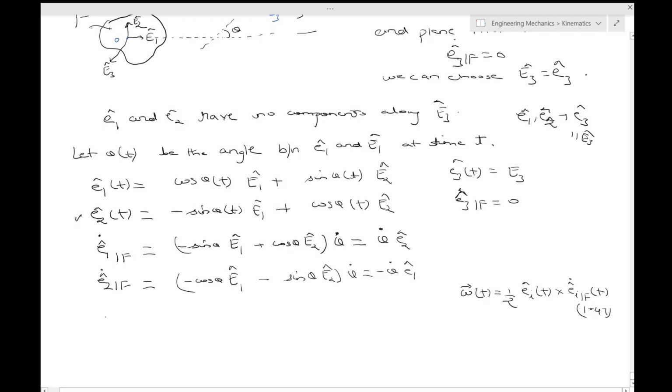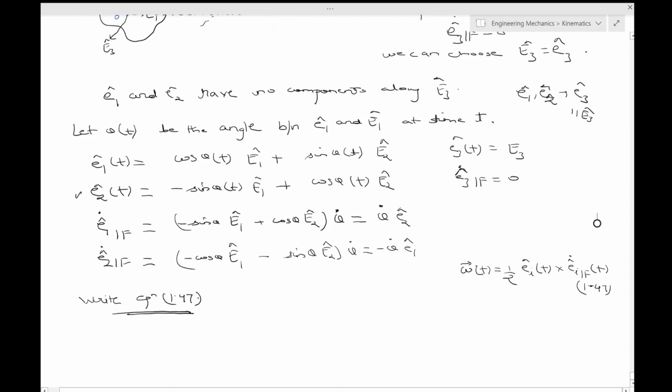Write equation 1.47. Please check the derivation of equation 1.47. Okay, now clearly there is an index notation and i is the repeated index, so you would have i equal to 1, 2 and 3 over here.